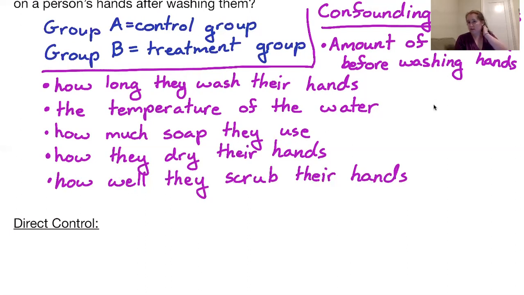So, what researchers can do is they can essentially add rules to their experiment to try to counteract these confounding variables.